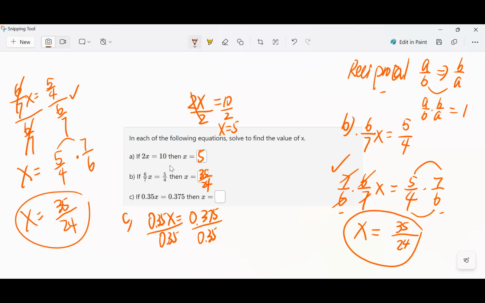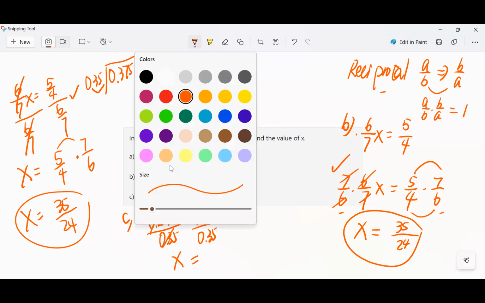So we're going to cancel this 0.35 on the left. And for that one we're going to use long division. I don't think we can divide it evenly, but let's try it. So 0.375 over 0.35. First of all, move the decimal 2 units to the right for the divisor.